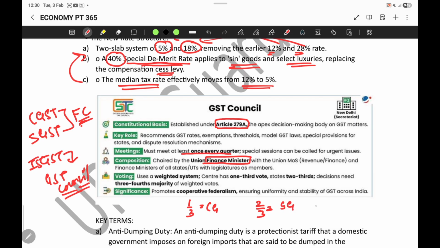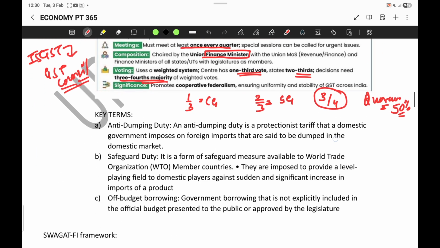And if any decision or proposal has to be implemented after voting, then a three-fourths majority of the votes should be there. What is the quorum? Quorum means the minimum members that have to be present, and 50% is the quorum. So this is about the GST Council. If you know this much, that's enough.